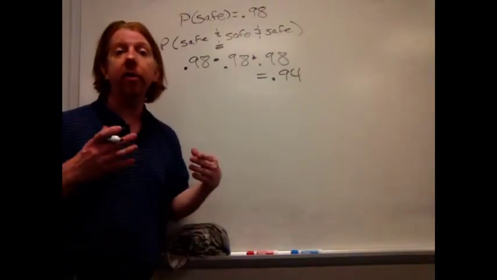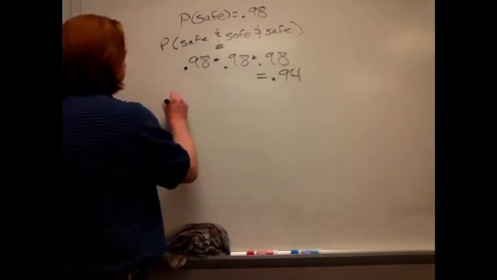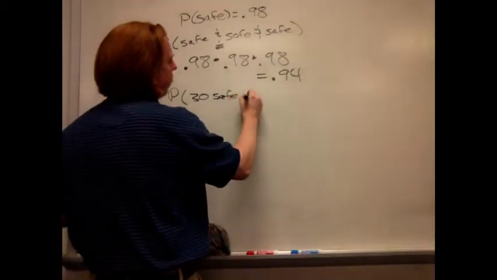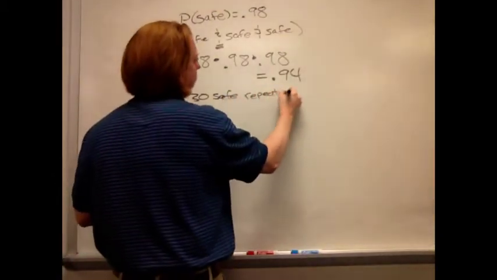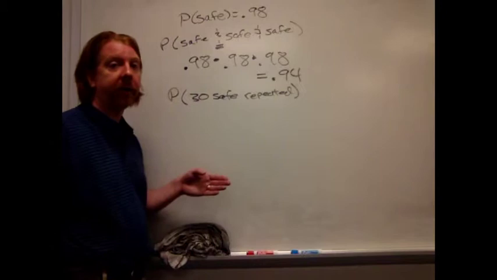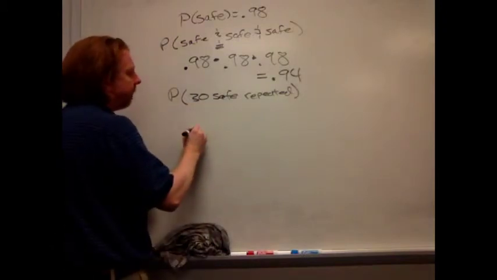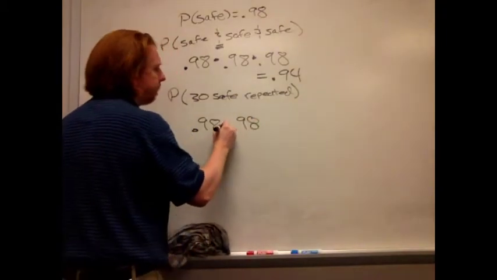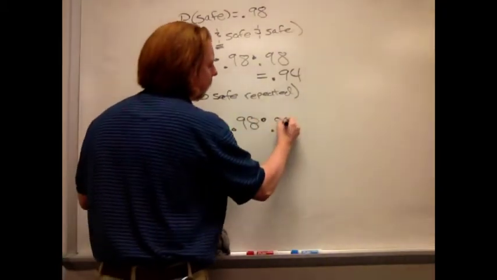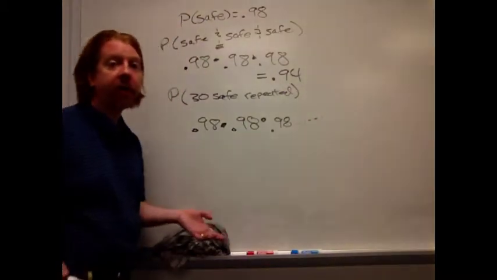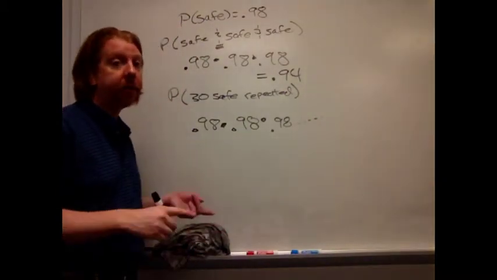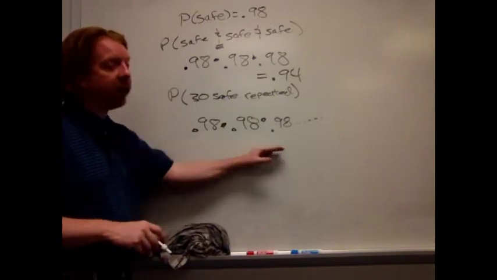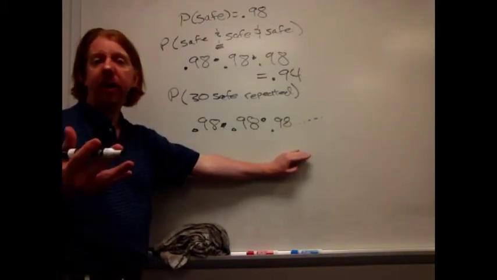Let's talk about having 30 safe jumps in a row. So 30 safe jumps repeated. Well, that means I'm looking at 0.98 times itself 30 times. Well, we know how to abbreviate multiple products by factors as big as 30. If I'm going to multiply it by itself 30 times, I'm talking about an exponent.